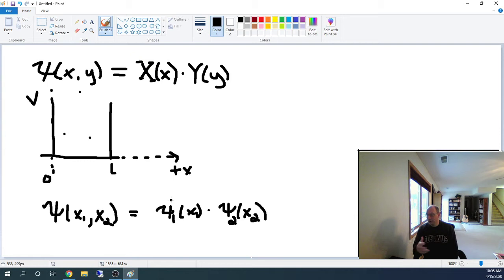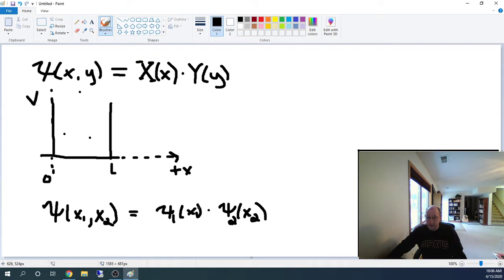And the solution should be separable. If this works to solve the problem, then that would also work as a wave function. So superficially they're different, mathematically they're identical, formally they're the same.